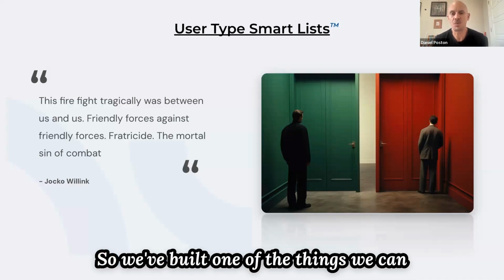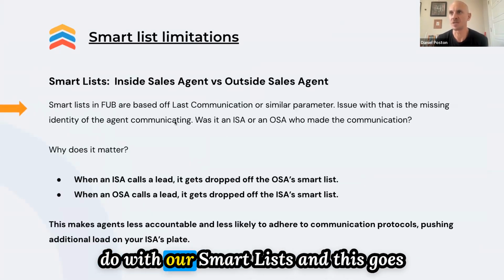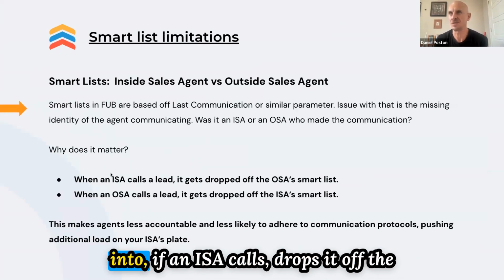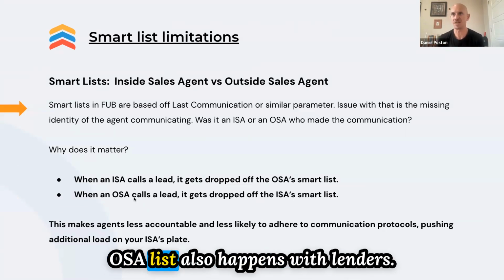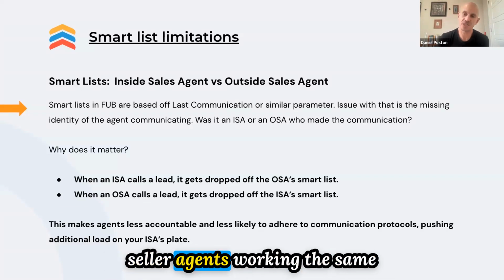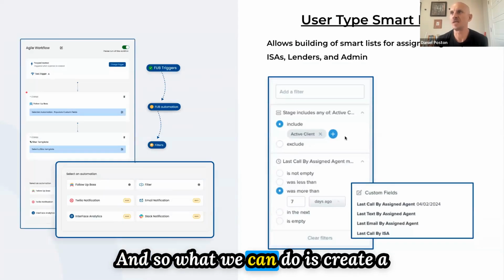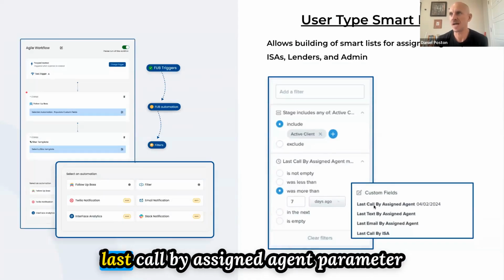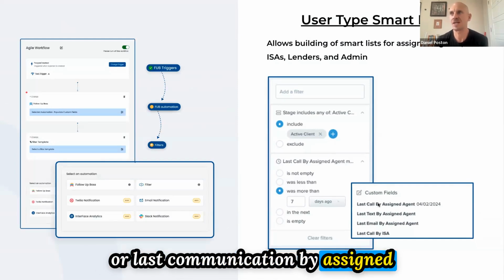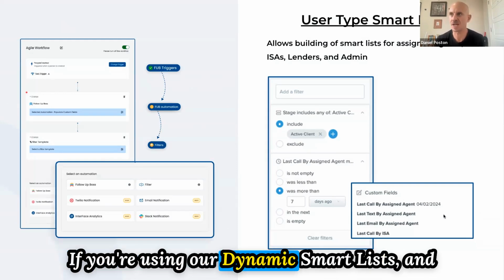So one of the things we can do with our smart lists is this: if an ISA calls, it drops the lead off the OSA list. It also happens with lenders, or if you have buyer agents and seller agents working the same lead, it's the exact same scenario. What we can do is create a last call by assigned agent parameter, or last communication by assigned agent, or our next follow-up date if you're using our dynamic smart list.